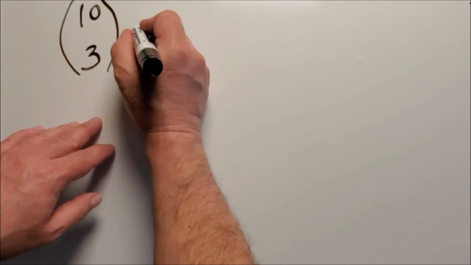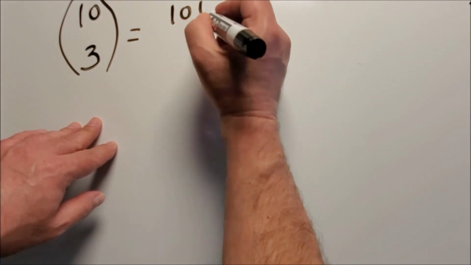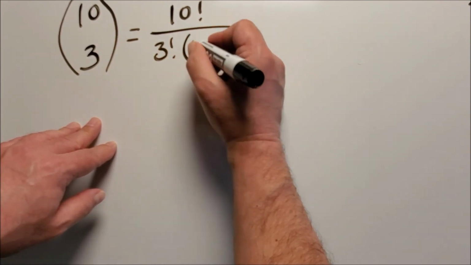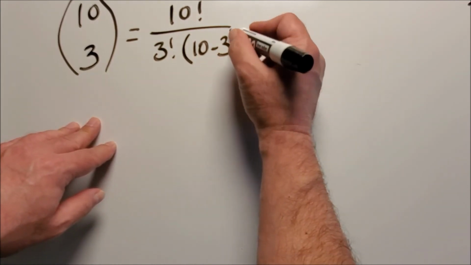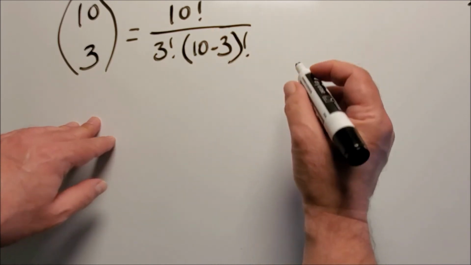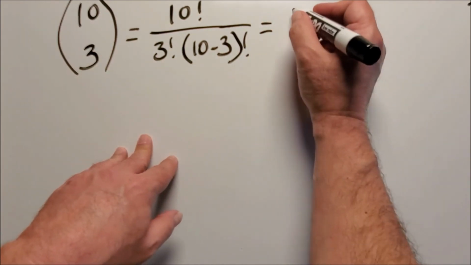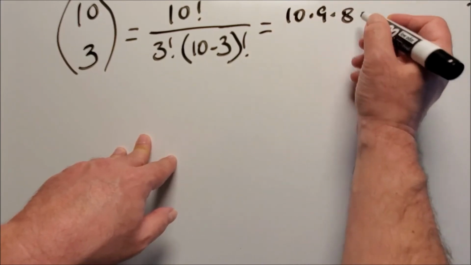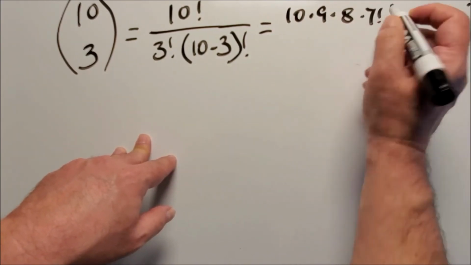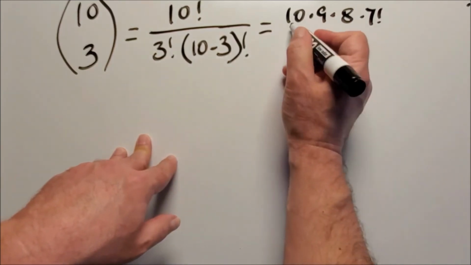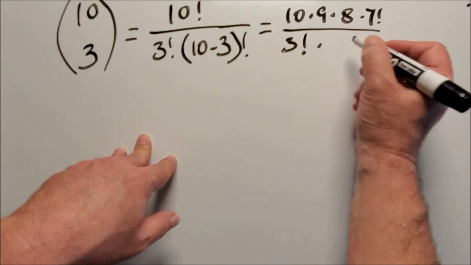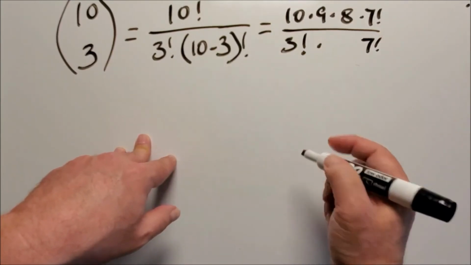And that's going to be 10 factorial over 3 factorial, 10 minus 3 factorial. And that's going to be 10 times 9 times 8 times 7 factorial. We know exactly what that is. We're going to put that above 3 factorial times 7 factorial.